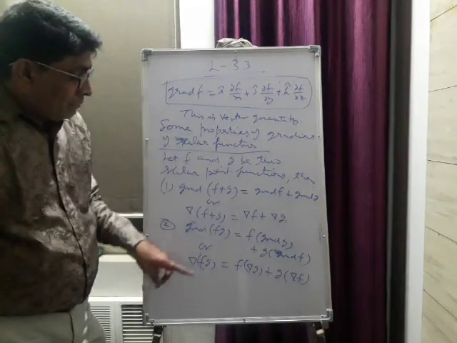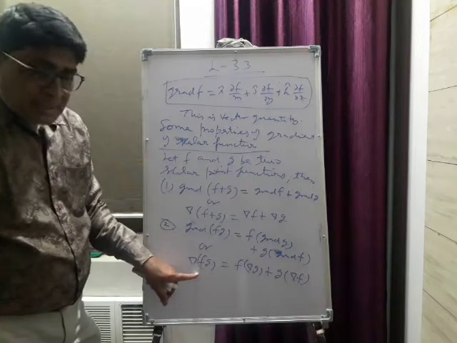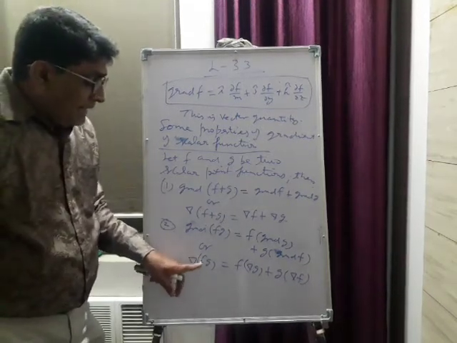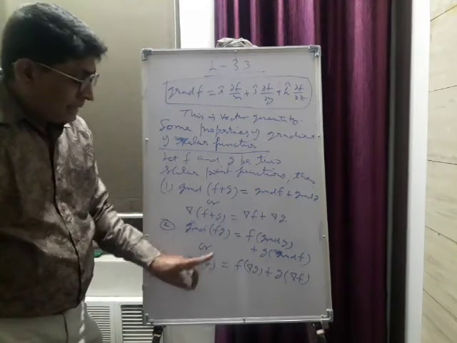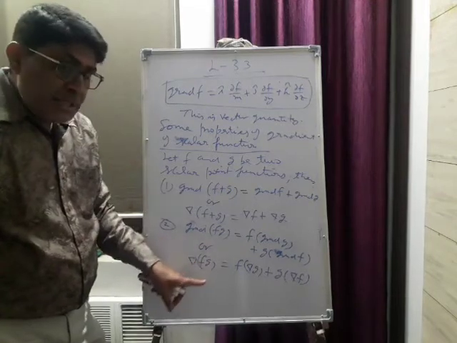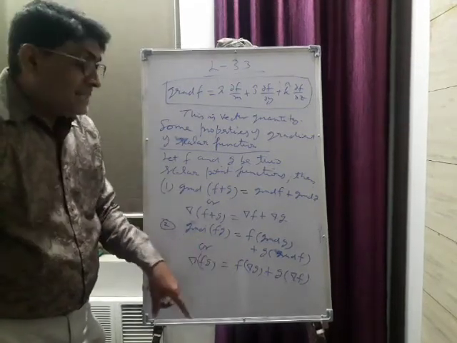So now we find the gradient del fg. It means i cap del fg upon del x plus j del fg upon del y plus k del fg upon del z.